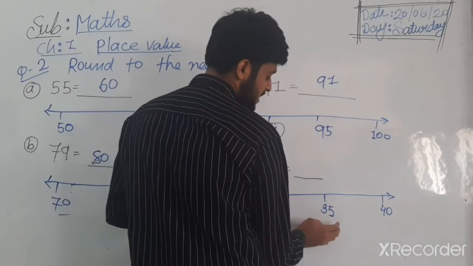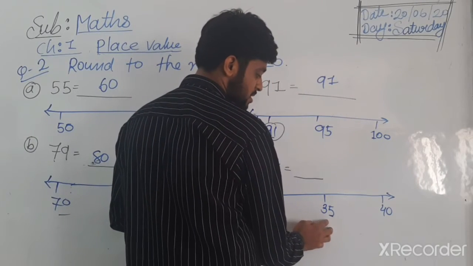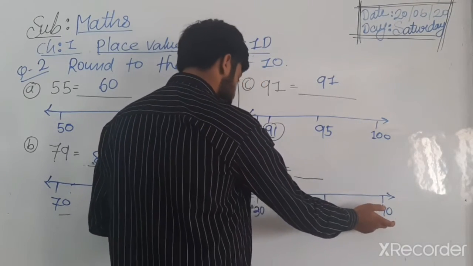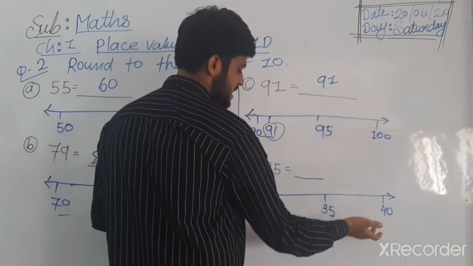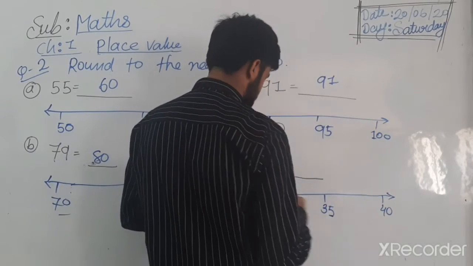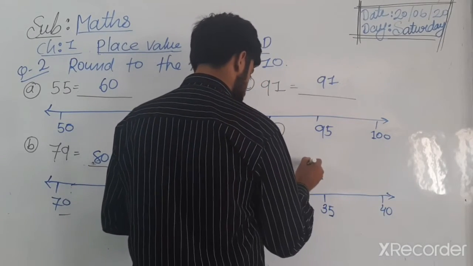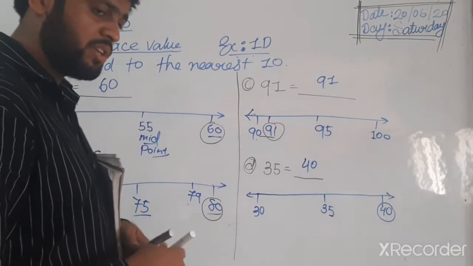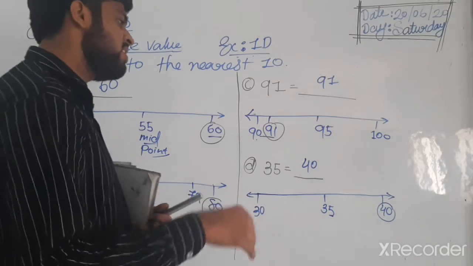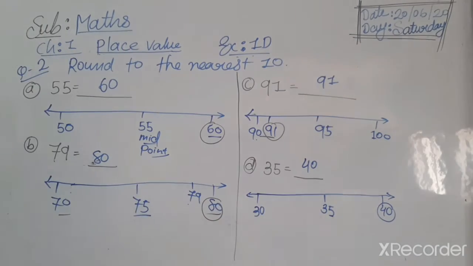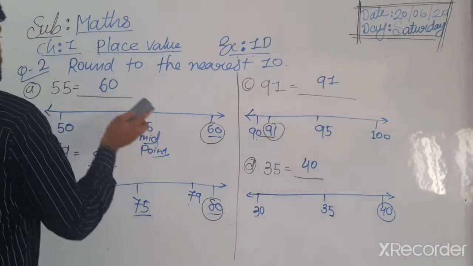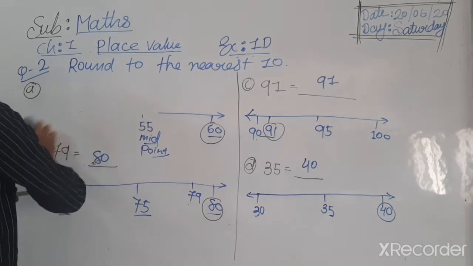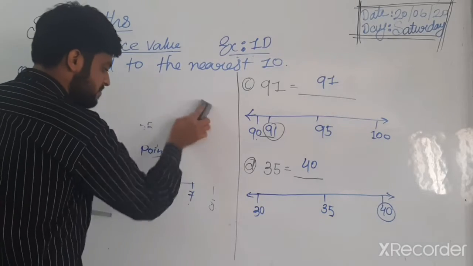So we take the larger tens. इससे बड़ा tens लेना है. 35 से बड़ा 40. We are taking only the tens here, no need to take the other digits, because the topic is tens.